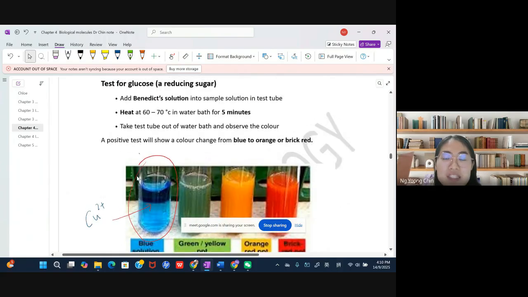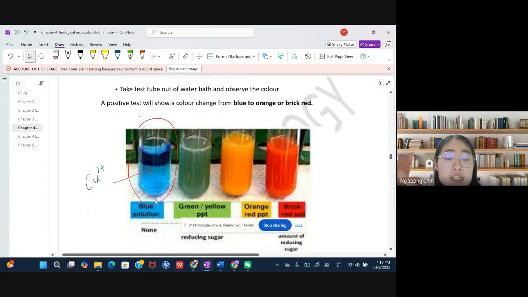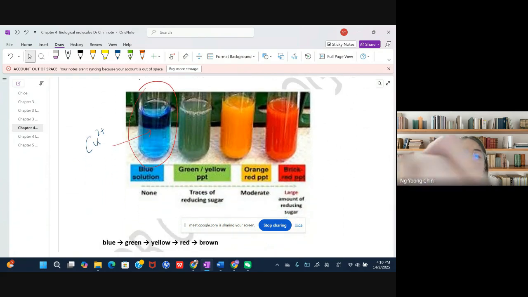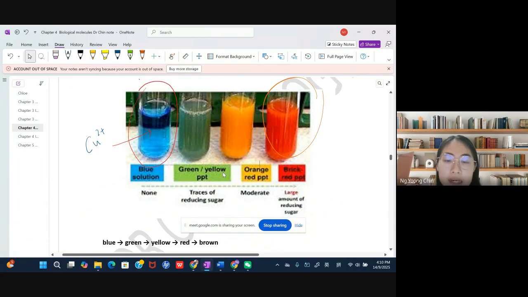Okay. So what will happen is, if this food sample contains reducing sugar, it is able to change the color from blue to green, then orange, then finally brick red precipitate. This is the final color we want to get, brick red precipitate. This color change depends on the concentration of the reducing sugar.